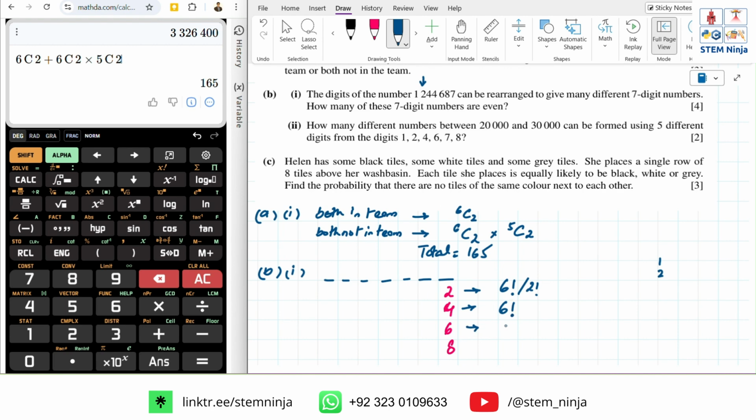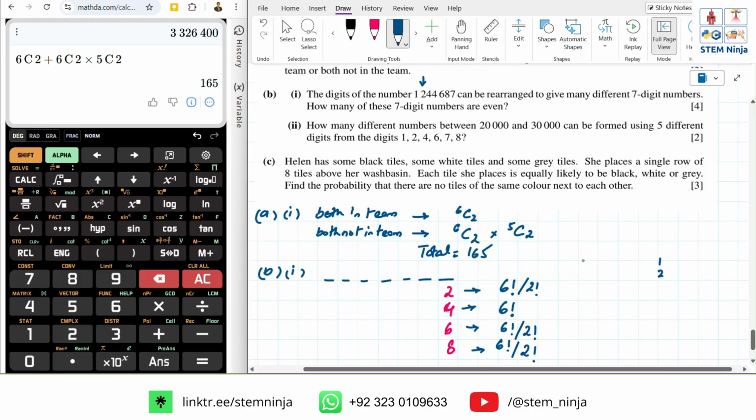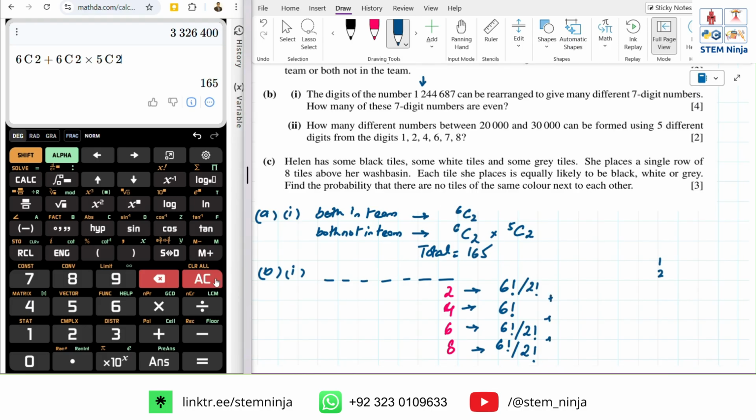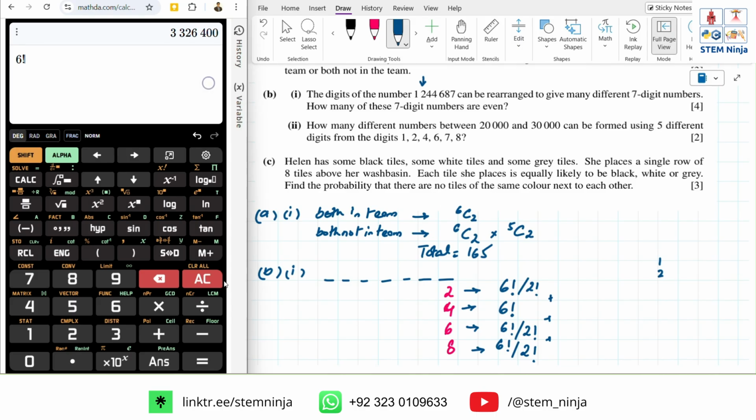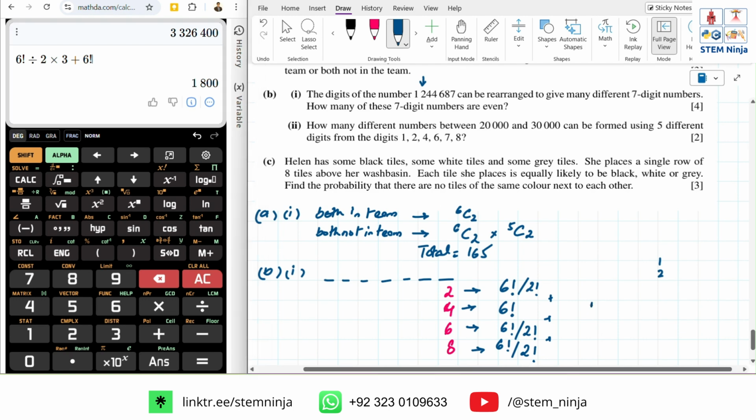Then if the 6, same 6 factorial divided by 2 factorial, because of the 2 identical 4s. So when you add up all of these, 6 factorial divided by 2 times 3 plus 6 factorial, you get 1800. You can find out the values also and then add up the same way.